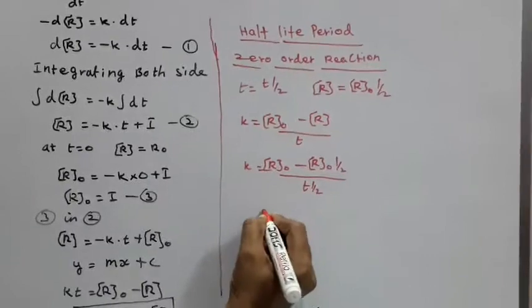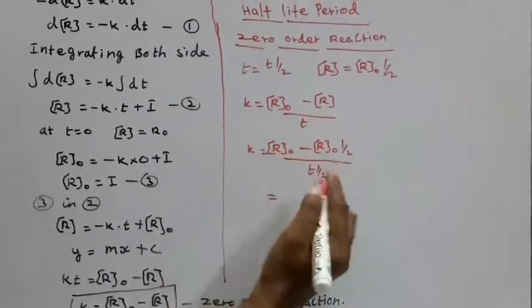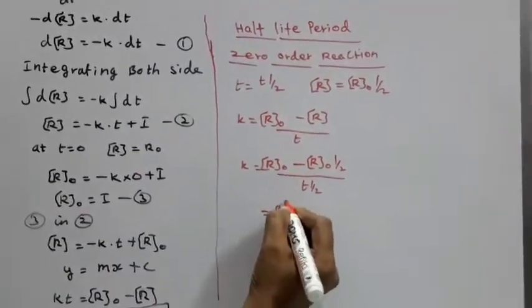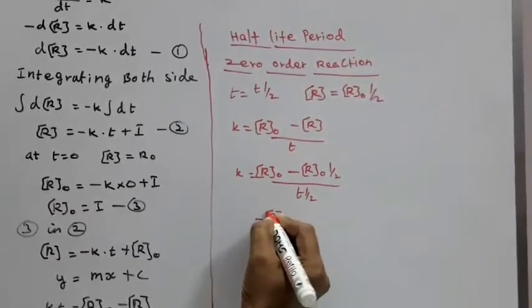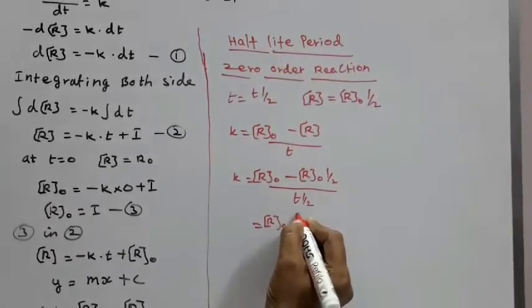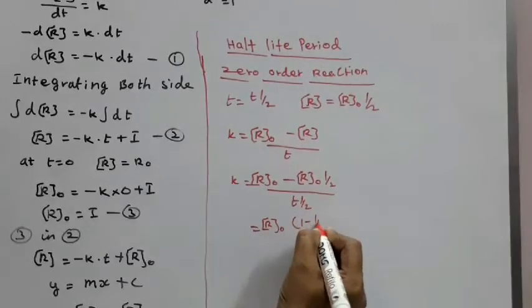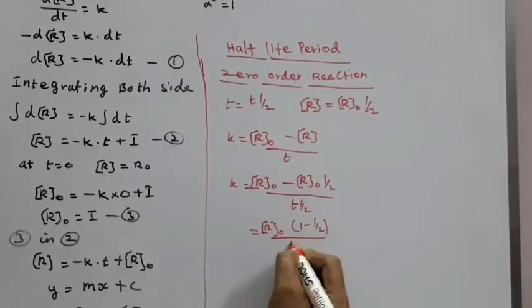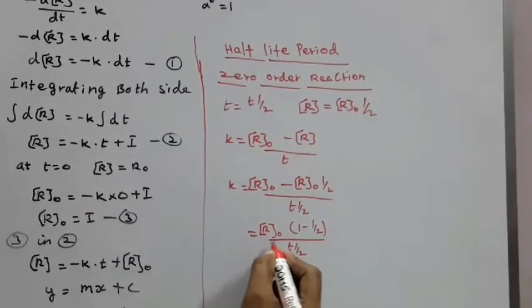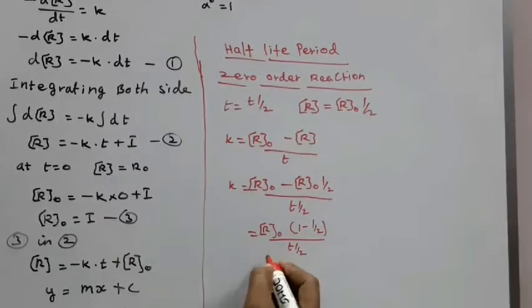Taking R0 outside, we get R0 times (1 minus 1 by 2) by t half. One minus one half is one half, so k equals R0 by (2 t half).